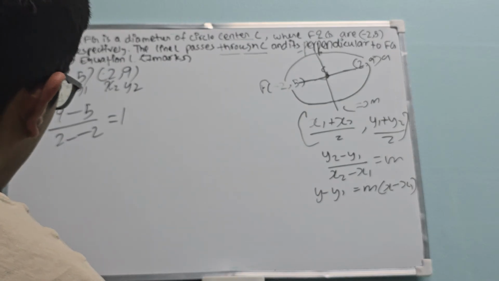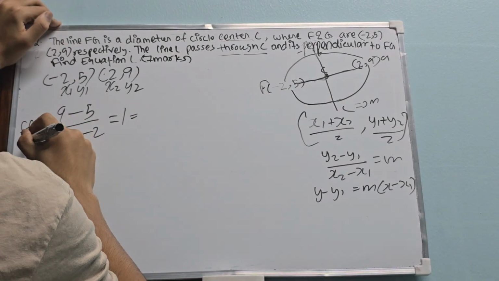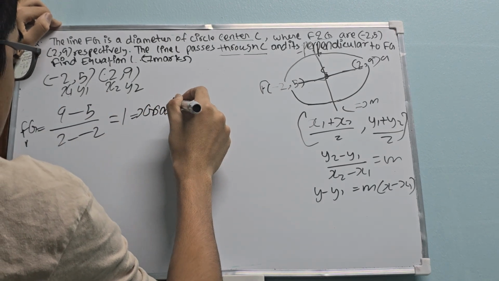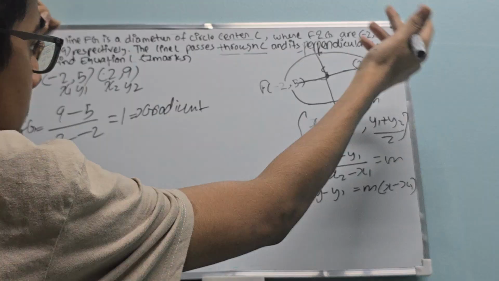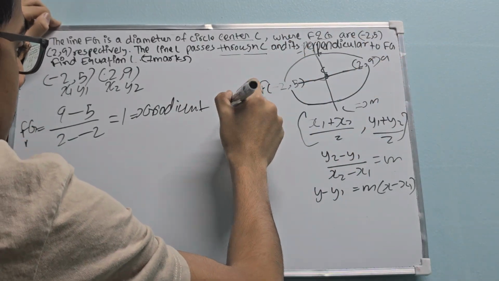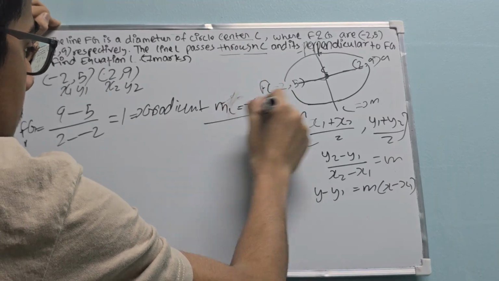That is the FG gradient. So using the fact that the line L is perpendicular to FG, it is going to be the negative reciprocal of this, so mL is going to be -1.